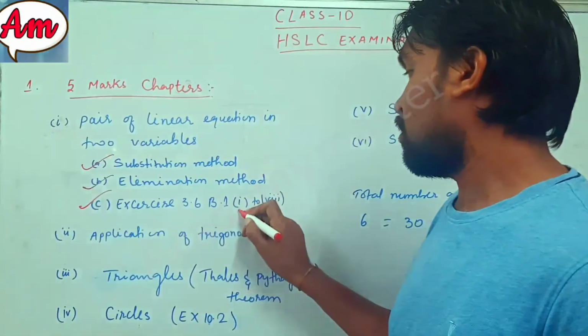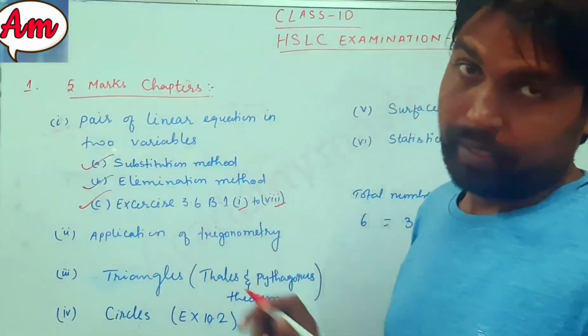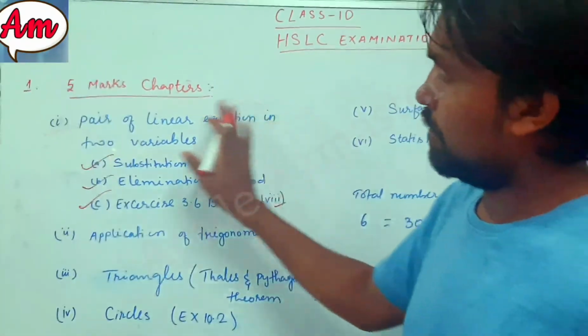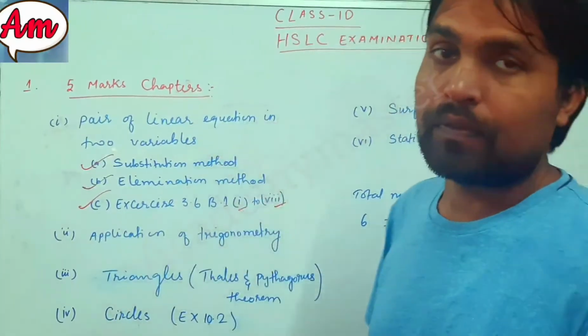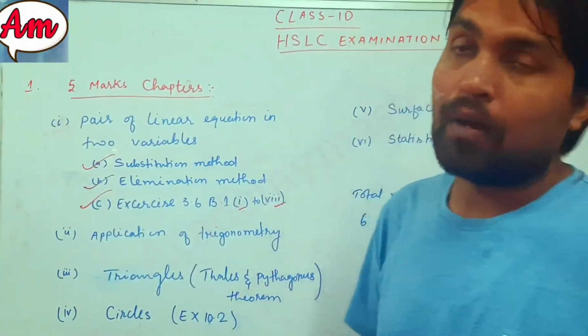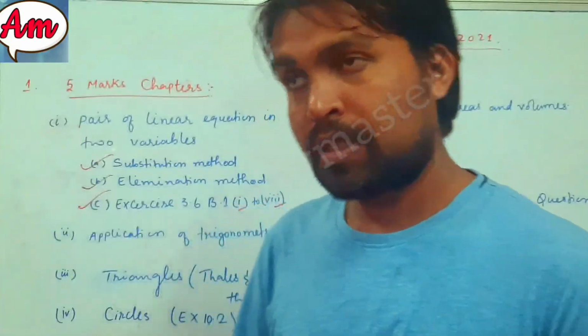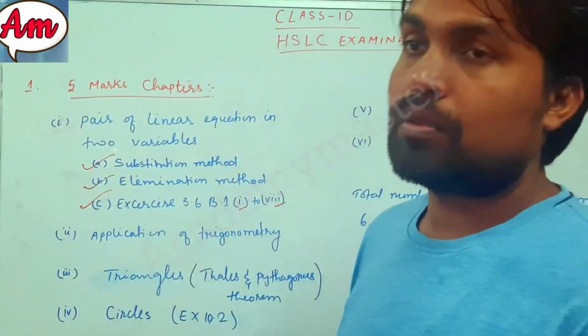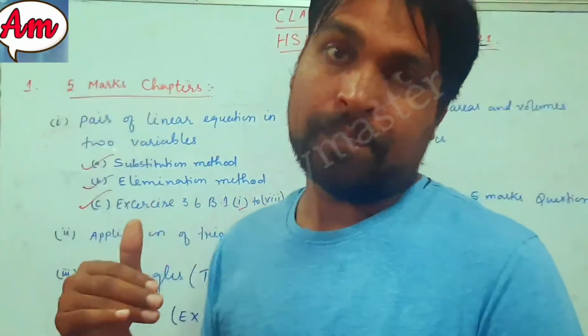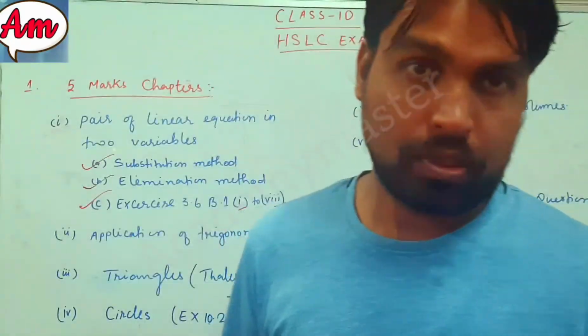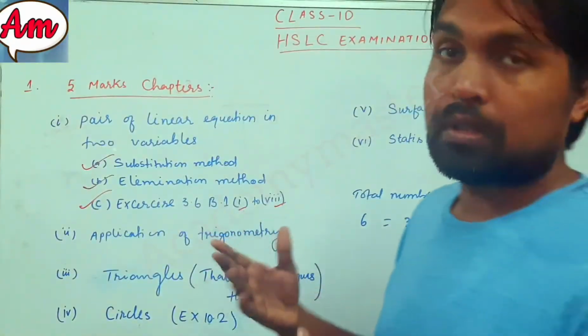In exercise 3.6, question number 1 to 8. You have to practice these 3 things from chapter number 3, and out of these 3 things only one will be coming for the 5 marks. You may have internal choice also, it may come in the or also. Sometimes it may not come, so don't think like that.